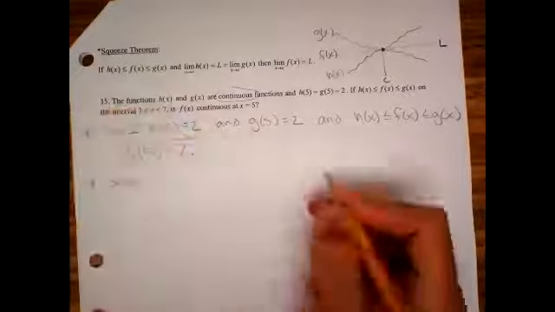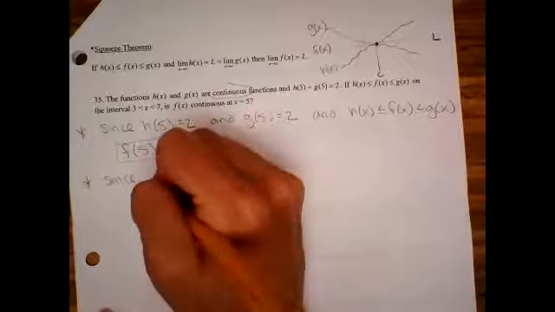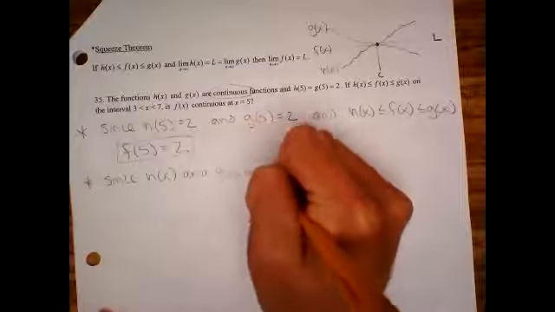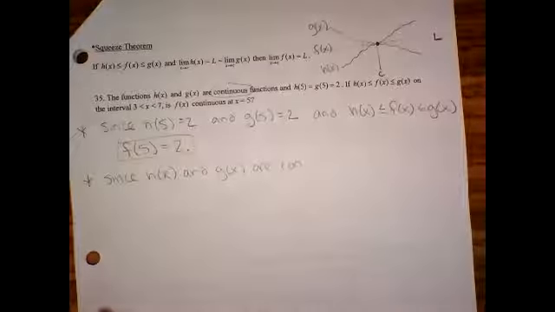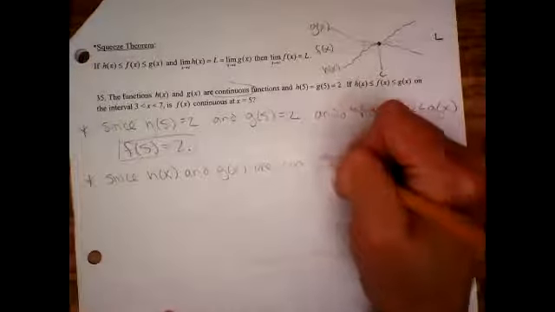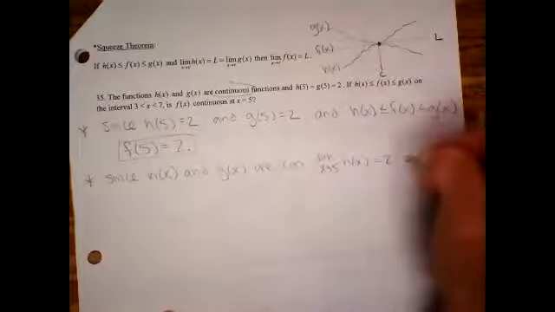All right, so since this is our next thing, I'm going to kind of label these. We'll make like a bullet list. Since, which 2 was it? h of x and g of x are continuous. I'm going to abbreviate continuous. Since they are continuous, we know that their limits are going to equal 2. The limit as x goes to 5 of h of x equals 2.